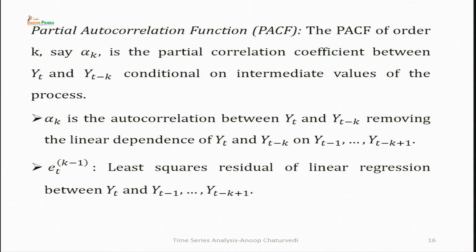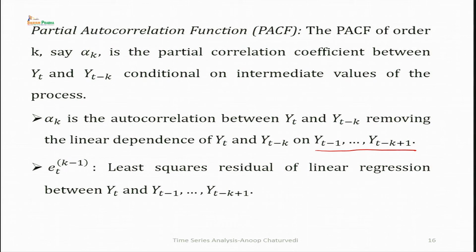The same procedure we are going to apply here also. So, suppose alpha k is the autocorrelation between yt and yt minus k after removing the linear dependence of yt and yt minus k on the intermediate values, meaning yt minus 1, yt minus 2, so on up to yt minus k plus 1.